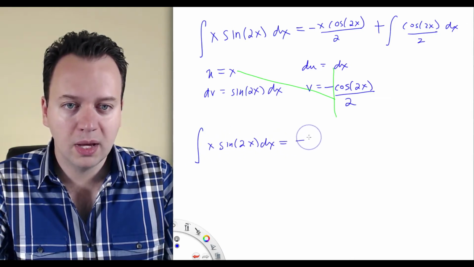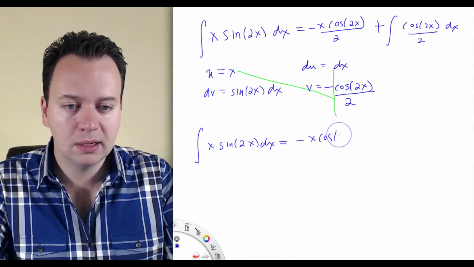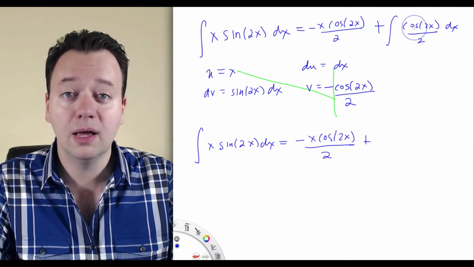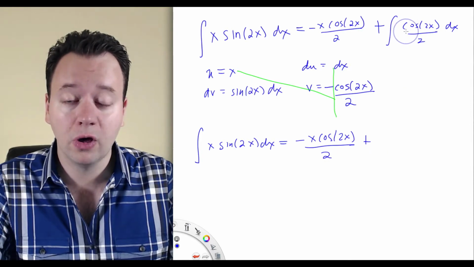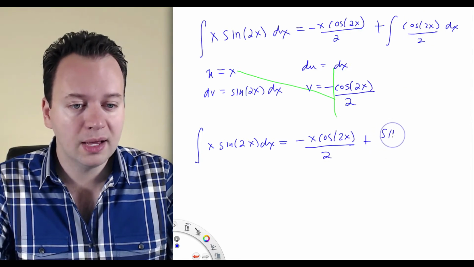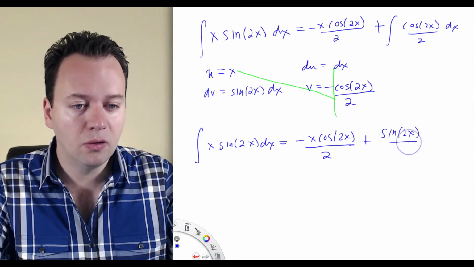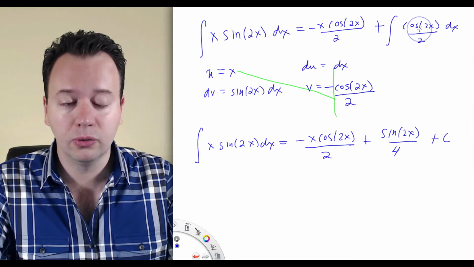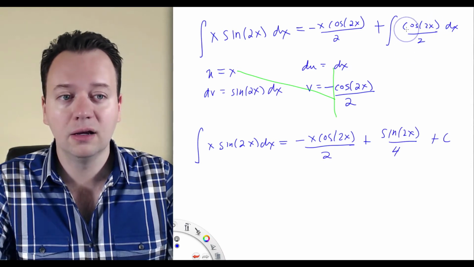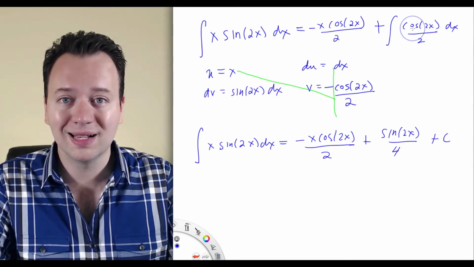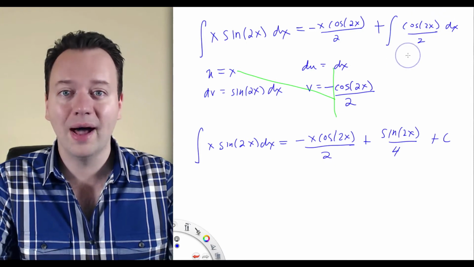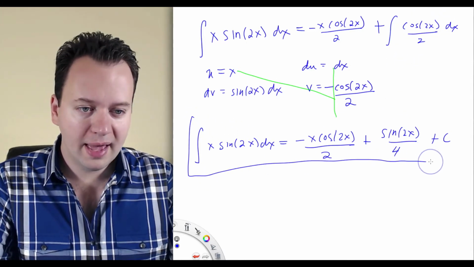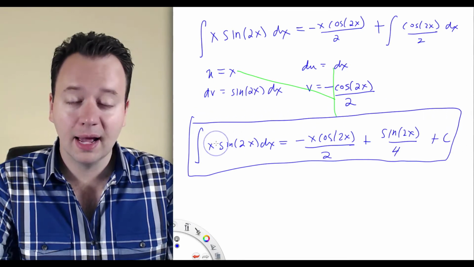So for our answer, we get minus x cosine 2x over 2, and then plus the antiderivative of cosine, which is sine, so we get plus sine of 2x over 4, plus c. Again, we want to divide by the derivative of the inside: the antiderivative of cosine of 2x is sine of 2x divided by 2, so we get 1 over 4. So that is the integral of x sine of 2x.